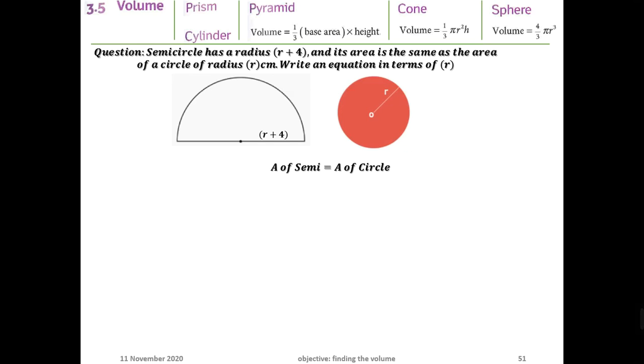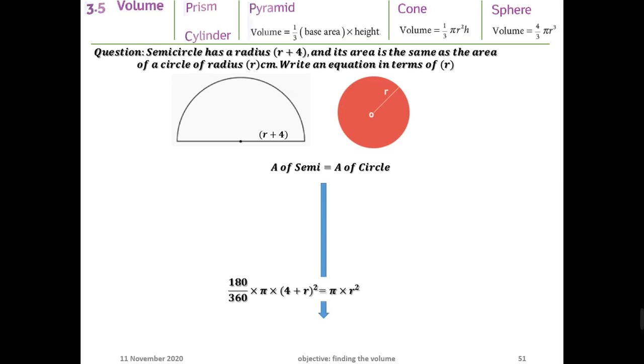But I want to reinforce the idea that a semicircle is actually a sector. It is part of a circle. And the area of a sector is the angle of the sector over 360 times r squared times pi, and the area of the circle is pi r squared.